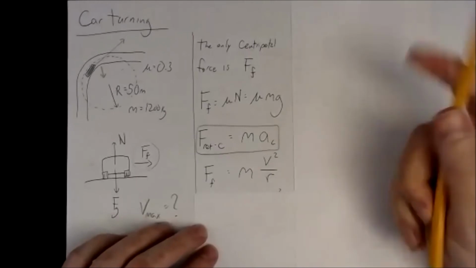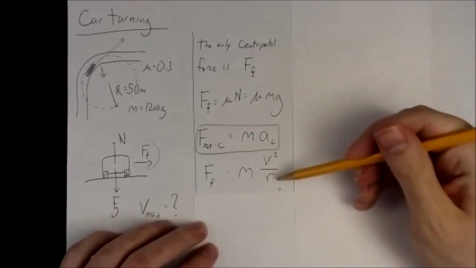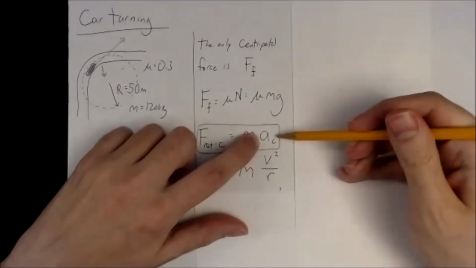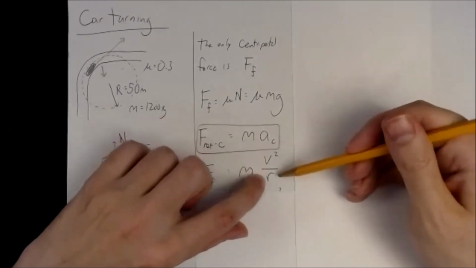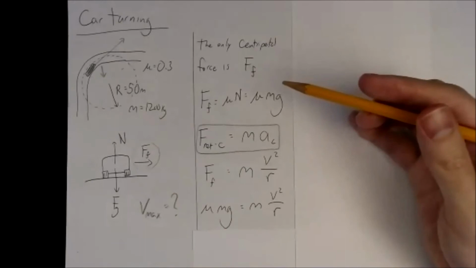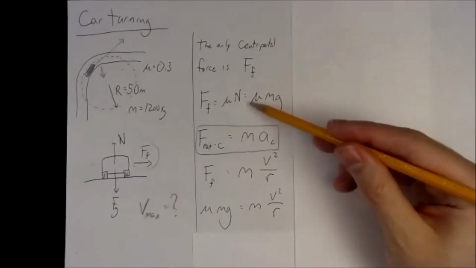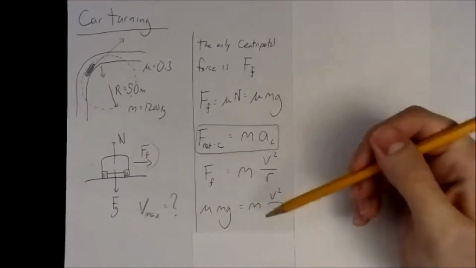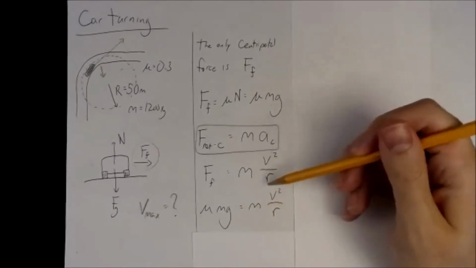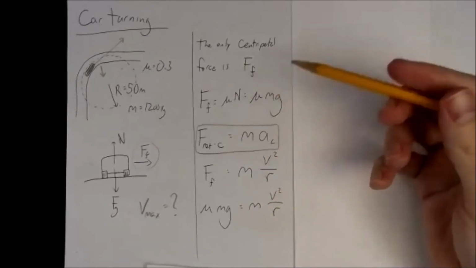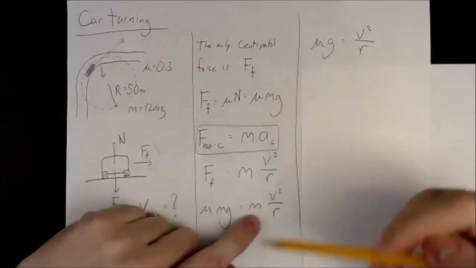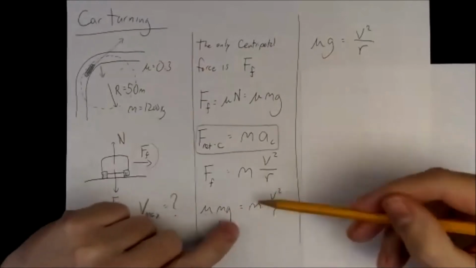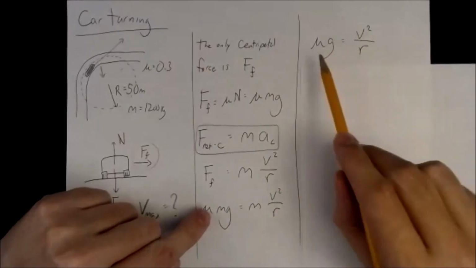That's equal to the mass times the velocity squared over r. Remember, centripetal acceleration is v squared over r. So we can replace acceleration with v squared over r. We can replace force of friction with mu mg right there. That's equal to the mass times v squared over r. We can cancel out a mass from each, divide both sides by m.